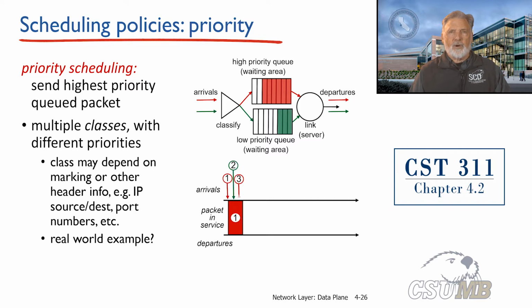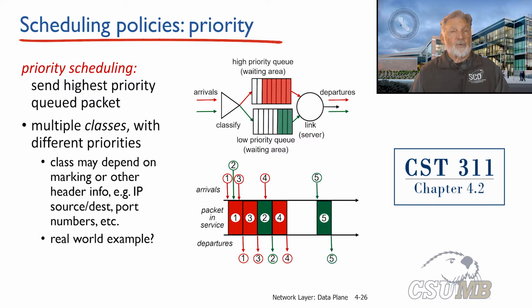Packets from a higher priority queue are always scheduled for processing before packets from a lower priority queue. Traffic within a queue is processed using FIFO. A major disadvantage of priority queuing is that lower priority queues can often receive no service at all, which is called starvation.